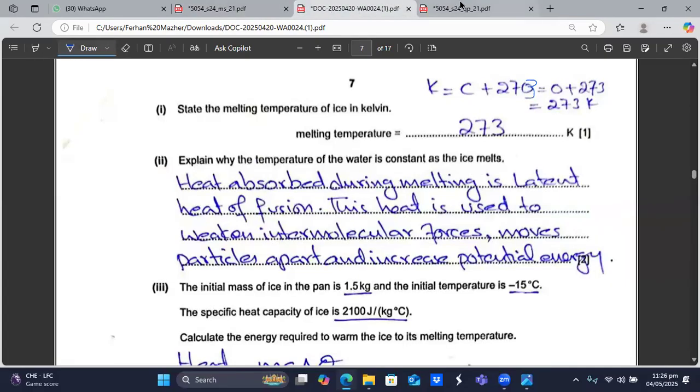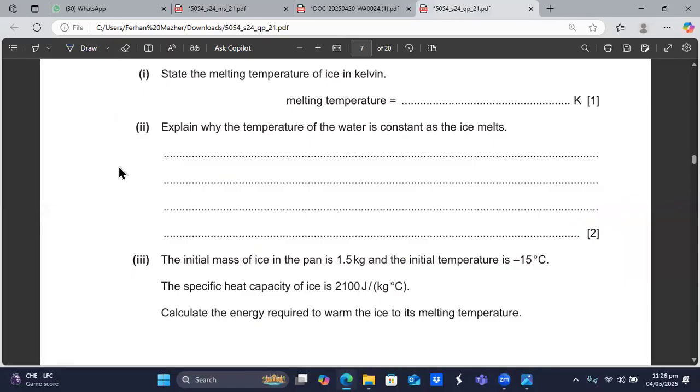Then the question is: explain why the temperature of the water is constant as the ice melts. When the ice is at its melting point, the heat you provide is not used to increase the temperature. That heat is used to overcome the intermolecular forces, to break the intermolecular bonds, and to move the particles away from each other.